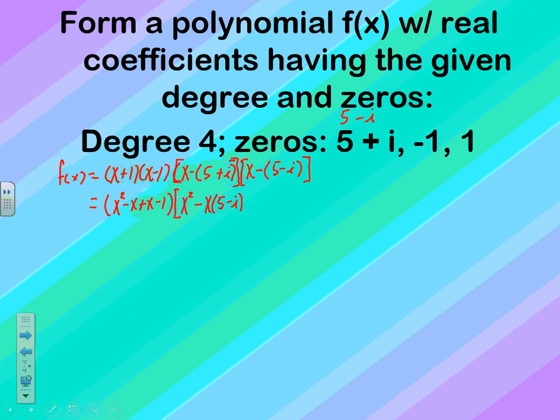And then same thing, the negative in front of the complex root of 5 plus i times x will be minus x times 5 plus i. And then the negative signs in front of both of the complex roots, negative times negative, will be positive, and then we just write the 2 complex roots down, 5 plus i and 5 minus i.